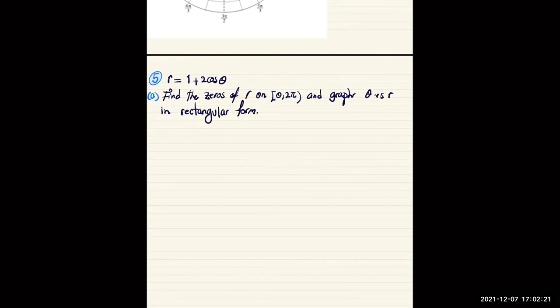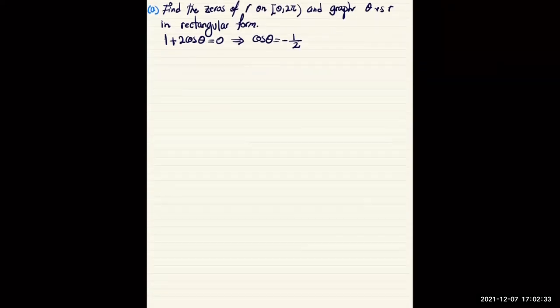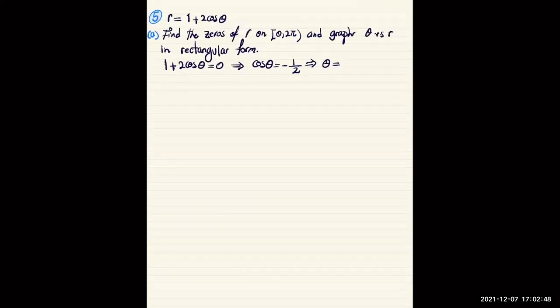So set 1 plus 2 cosine theta equal to 0. That means cosine of theta is equal to -1/2. As I said, you just need some basic knowledge of trig from the unit circle. This means theta is 2 pi over 3.